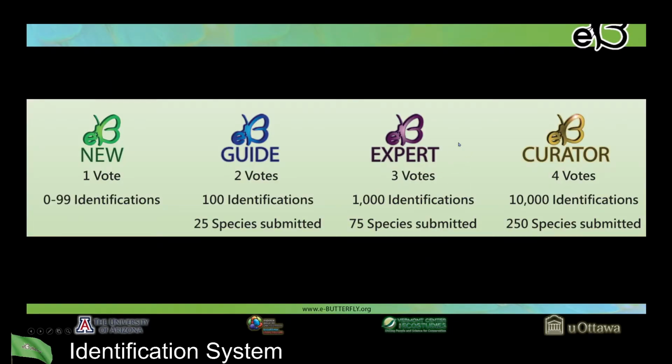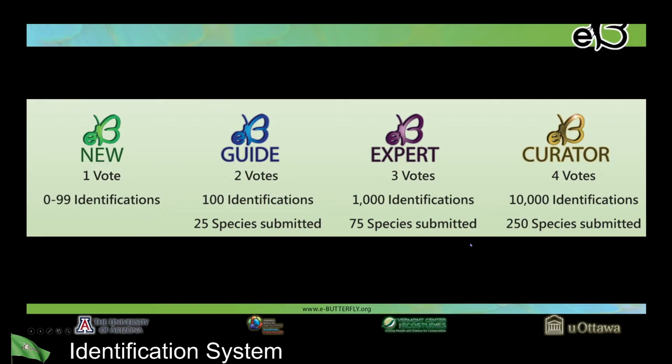The third is expert, which is worth 3 votes. You have to participate in our community identifying other observations 1,000 times, and also submit at least 75 different species on your life list.